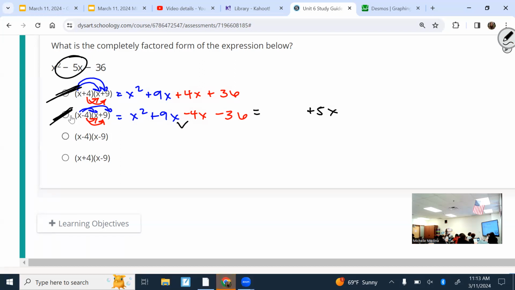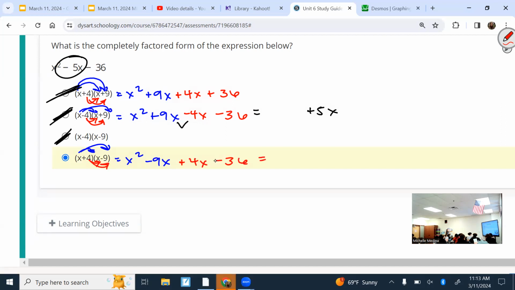I'm not even going to try it because I know -4 times -9 is a positive 36. Let's get that one. But when I do multiply this one out, x times x is, x times -9 is, inner terms, 4 times x is, and 4 times -9 is.